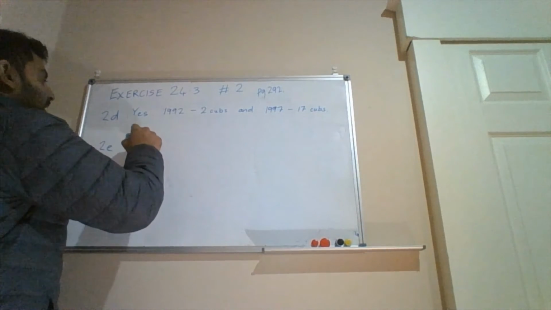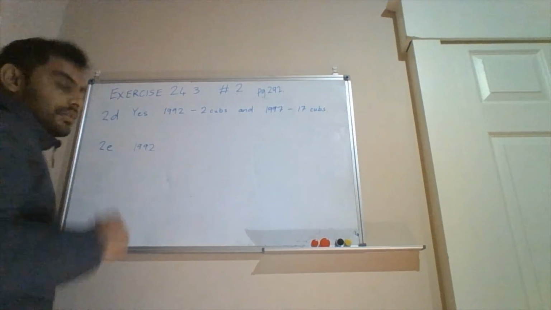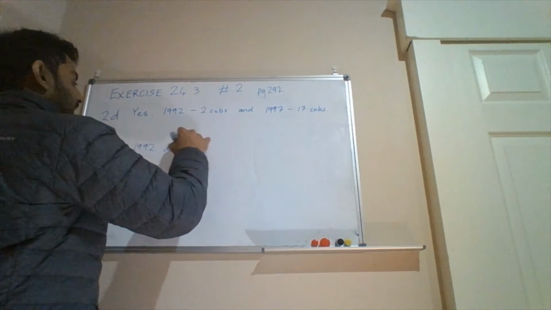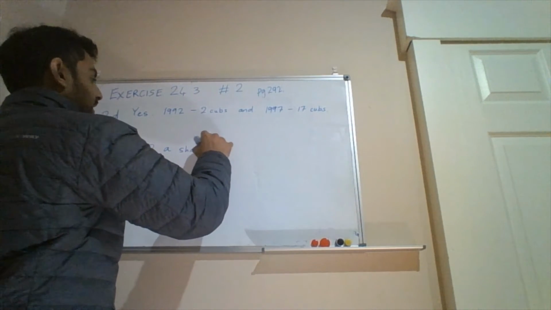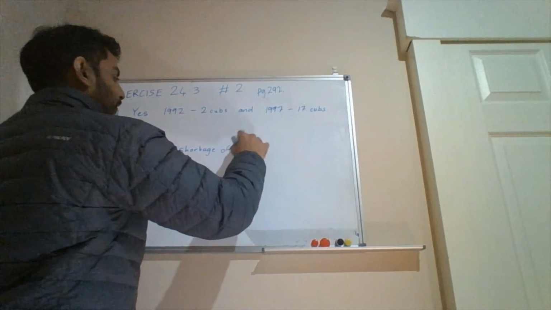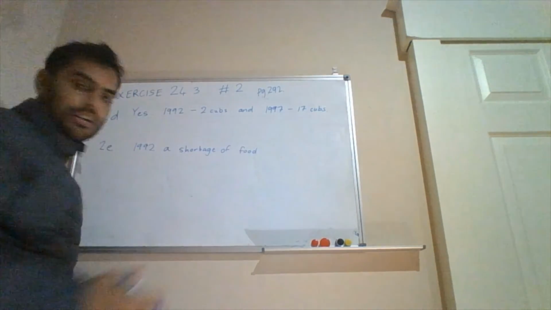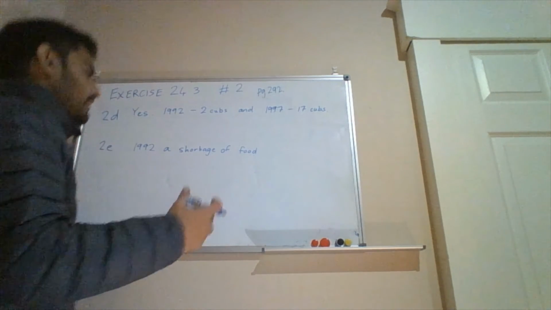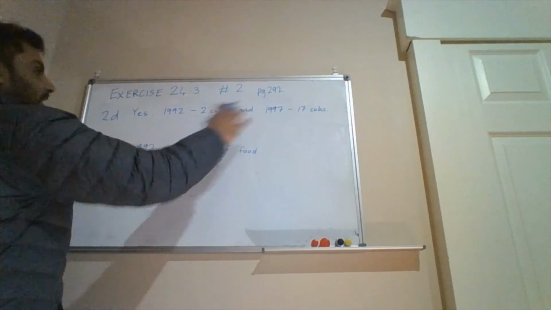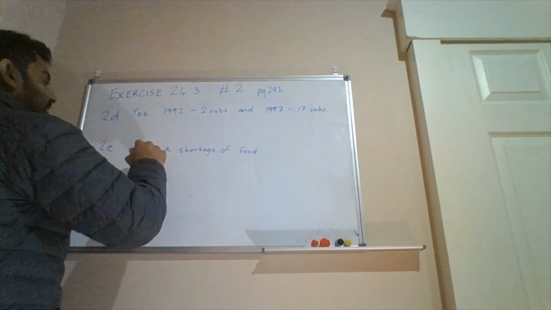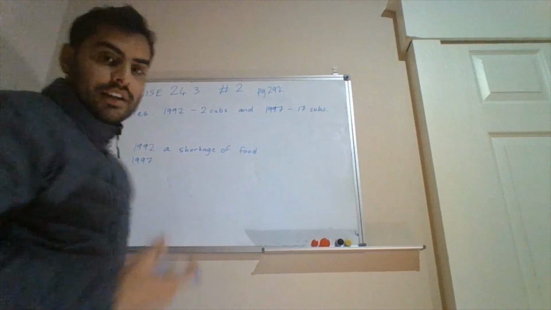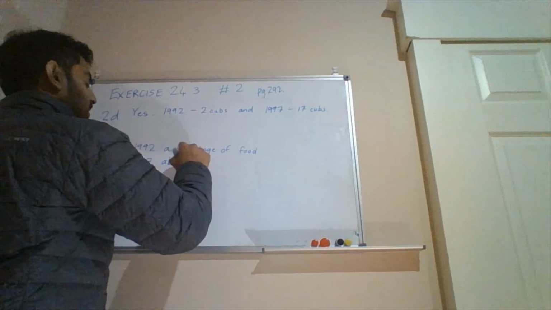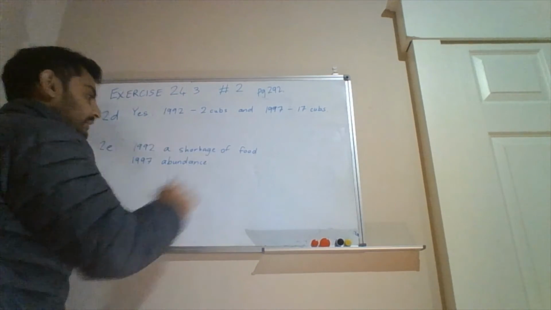So for 1992, when there were few cubs, you could say there was a shortage of food, for example, or you could say something like poaching, any valid reason. And similarly for 1997, when there were many cubs born, you could say maybe there was an abundance of food.